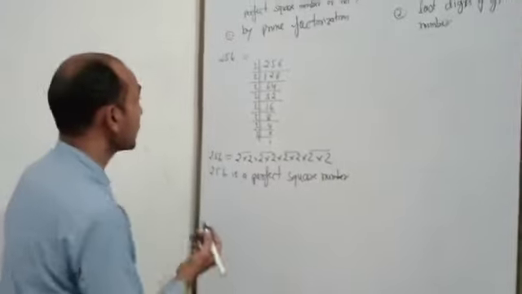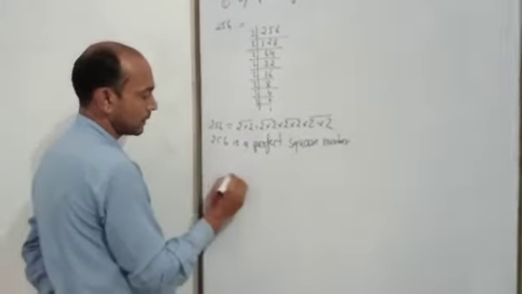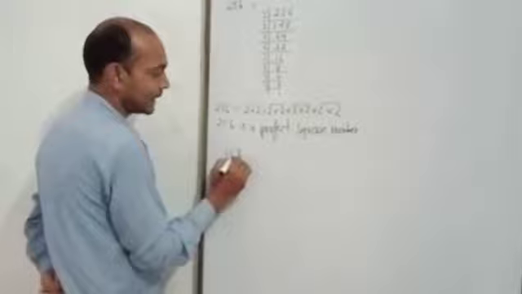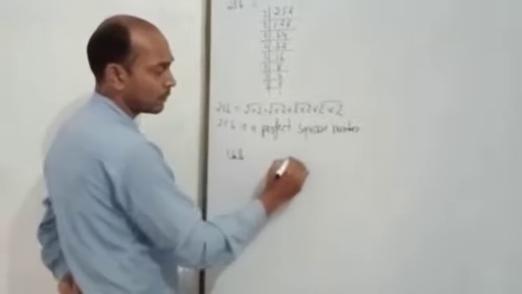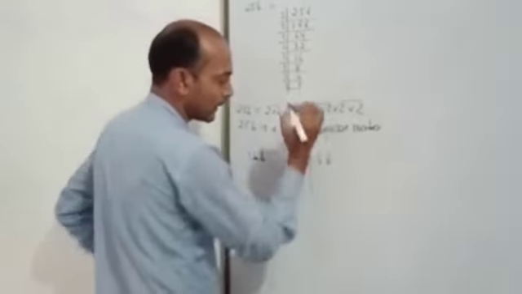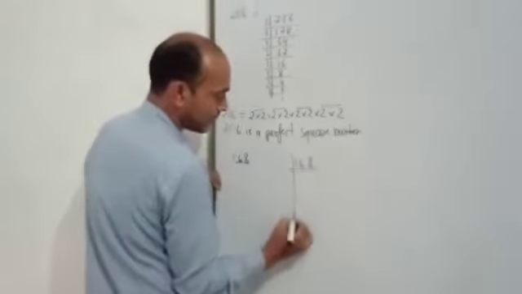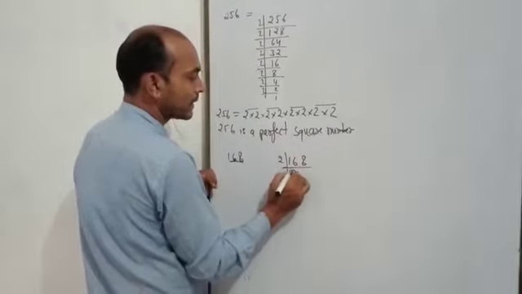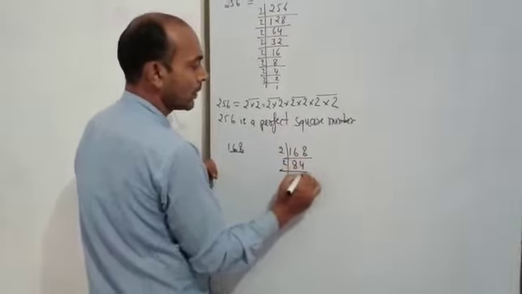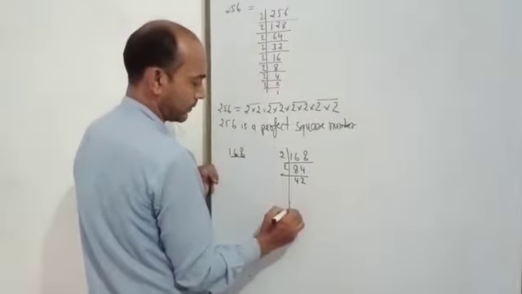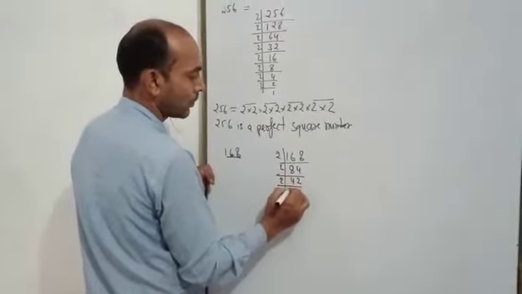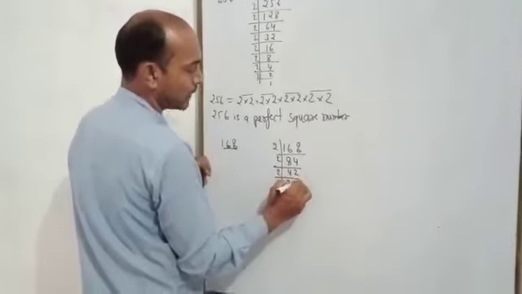One more example we are going to see. Suppose the number 168 is given. Now what do we have to do? We have to find the prime factorization: 2 eights are 16, 2 fours are 8, 2 twos are 4, 2 ones are 2.